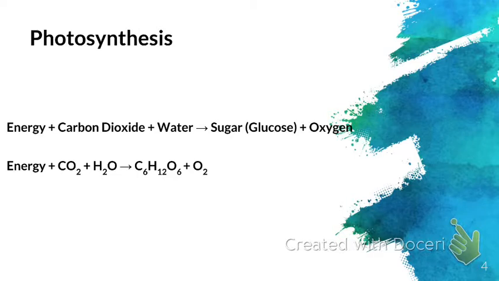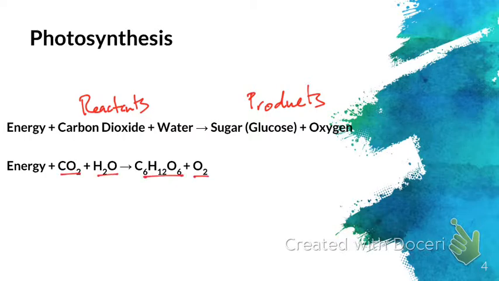One side is called the reactants, and this side is the products. On one side you have energy plus carbon dioxide plus water, and that yields sugar, glucose, plus oxygen. So here's your CO2, H2O, and O2.